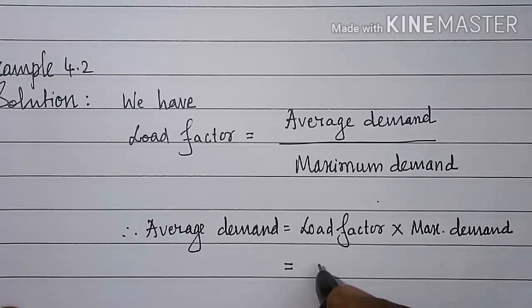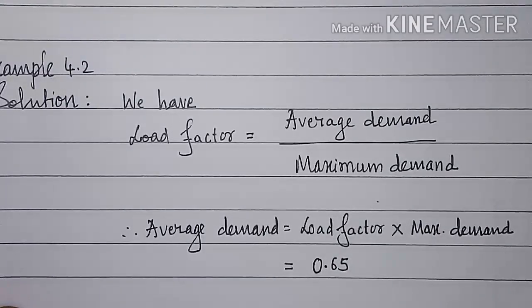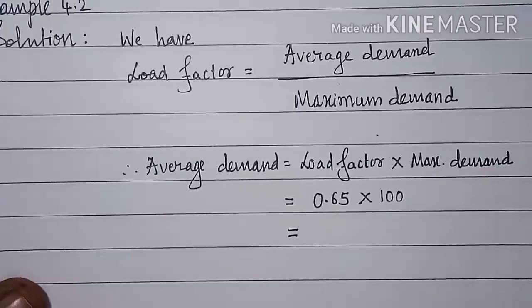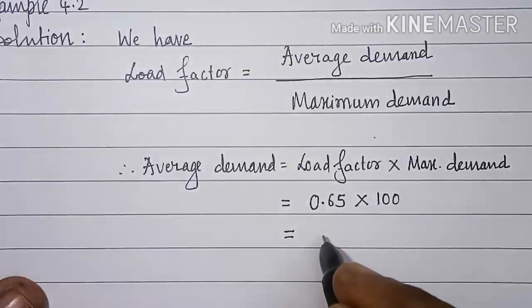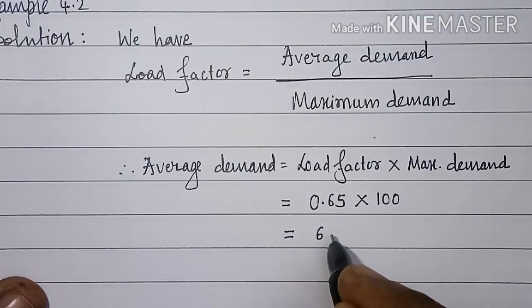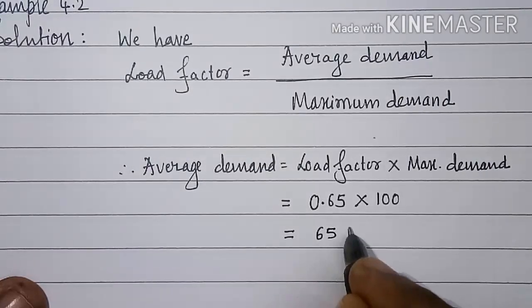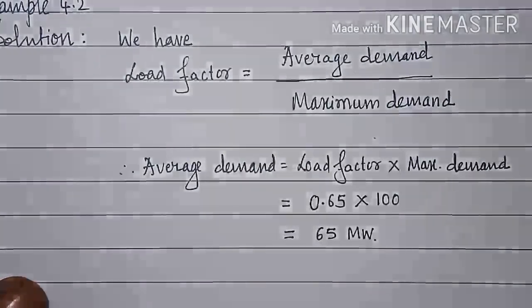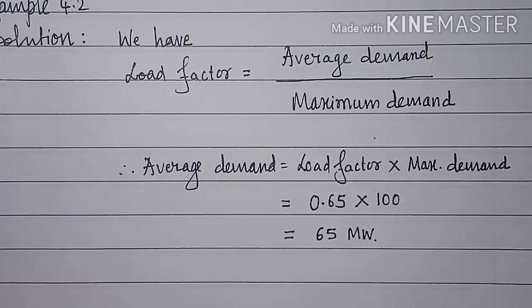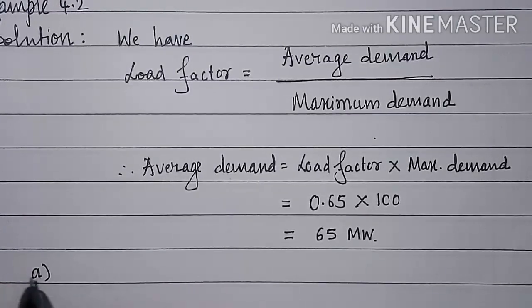The load factor is 65%, so its per unit value will be 0.65, that is 65 divided by 100, and the maximum demand on the generating station is 100 megawatt. So average demand will be equal to 65 megawatt. Now we have to calculate A.